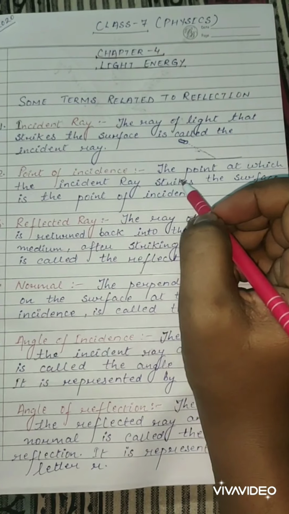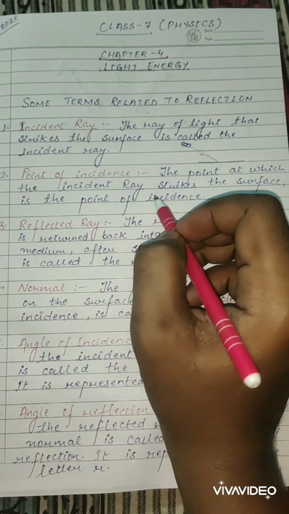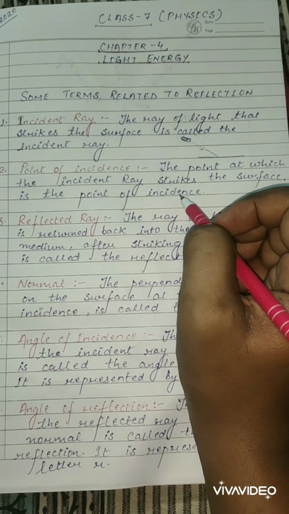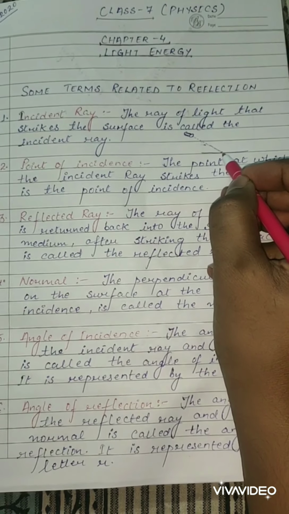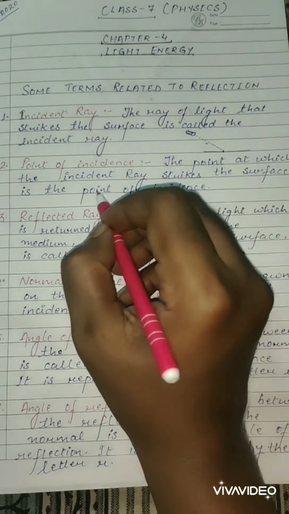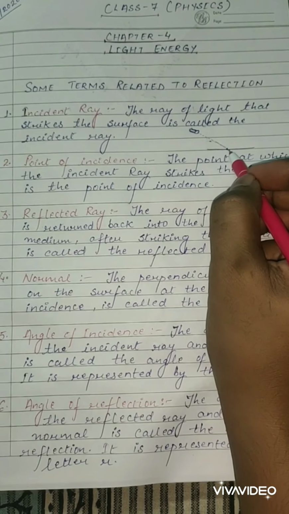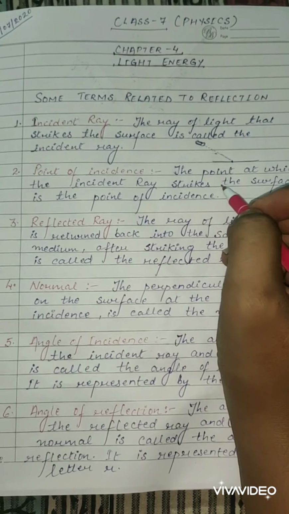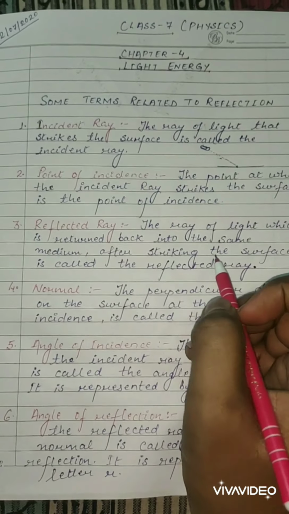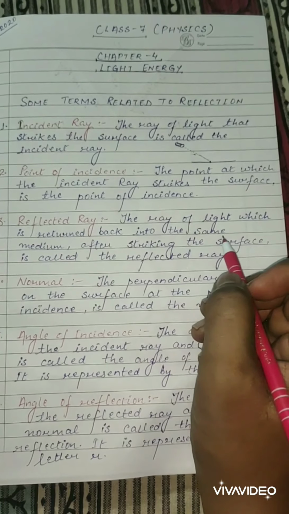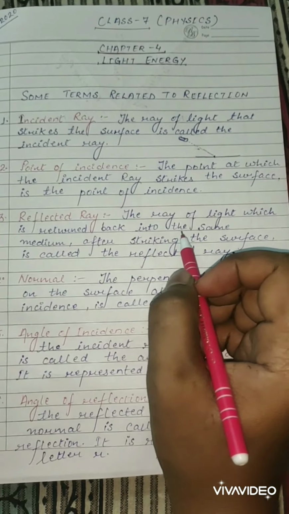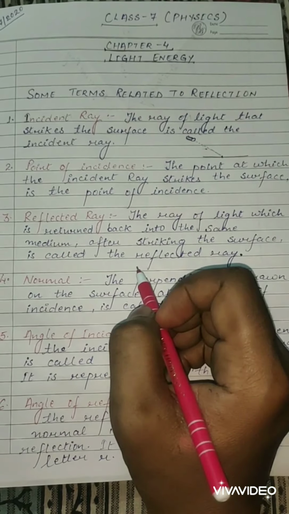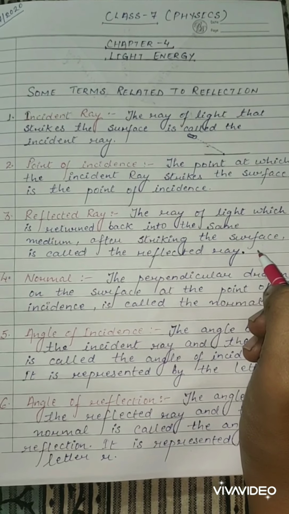Then the point of incidence: the point at which the incident ray strikes the surface is the point of incidence. It means where the light is actually striking. Clear? Now the reflected ray: the ray of light which is returned back into the same medium after striking the surface is called the reflected ray.